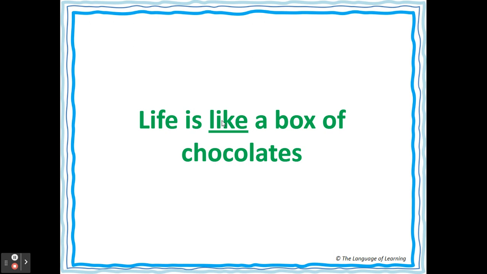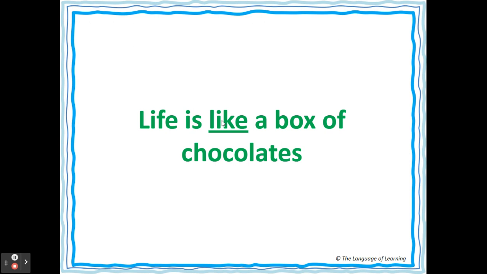So when I go through these, think about why would the author of the poem or why would somebody say life is like a box of chocolates? And so, maybe they're talking about how, when you get a box of chocolates, they may all look similar, but when you bite into them, they have different flavors and different fillings, and maybe some have nuts, and you just never really know what you're going to expect.